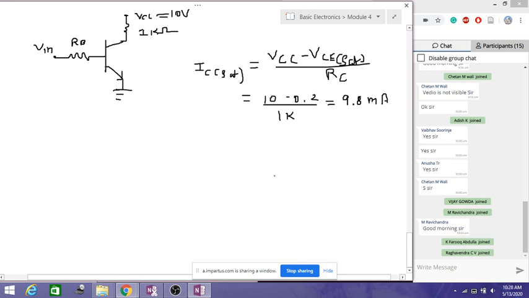After this, I'll calculate the IB minimum. IB minimum is equal to IC saturation by beta DC.